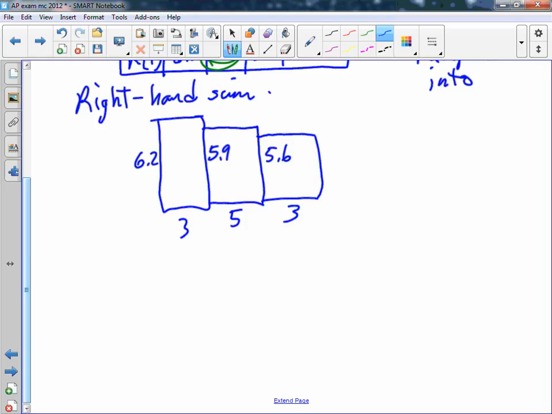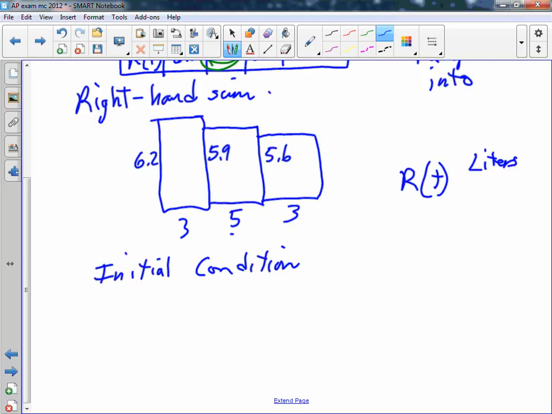So then the other thing to consider is the initial condition. Because it said oil is being pumped into the tank at a rate, R of T, where R of T is measured in liters per hour.